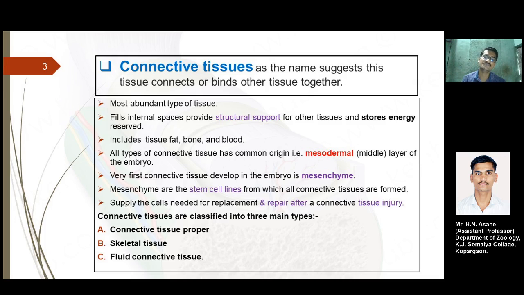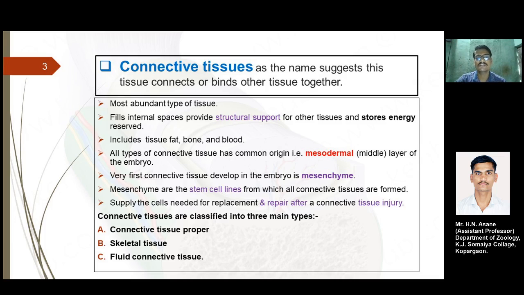These connective tissues are mesodermal in origin. We have seen the ectoderm, mesoderm, and endoderm, these three types of embryonic origin, in the previous lectures, and these connective tissues originate from the mesoderm itself, that is the middle layer of the embryo.